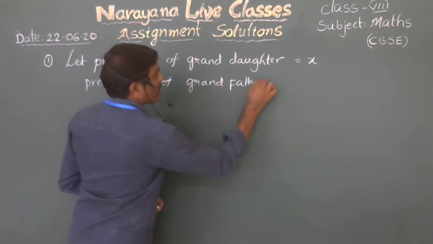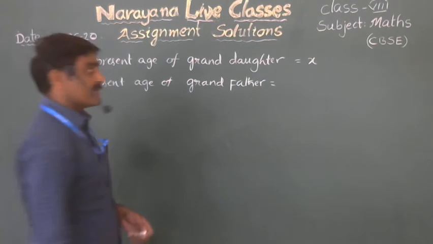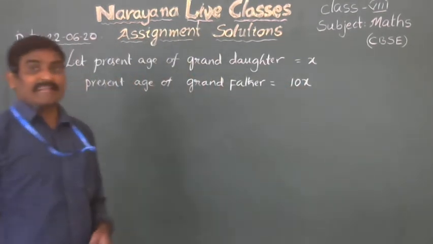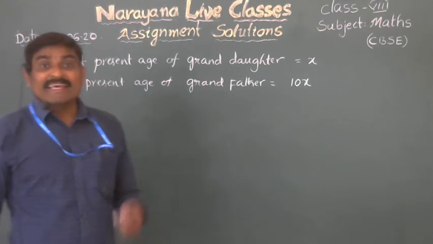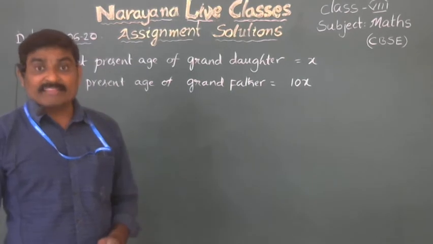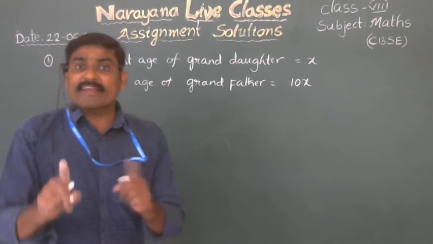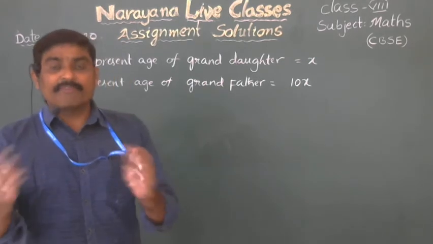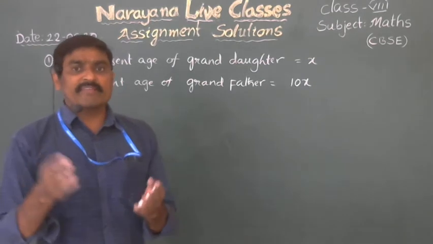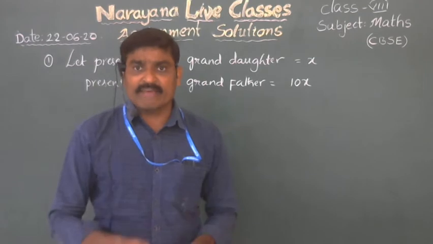Present age of grandfather is, according to the problem, 10 times the granddaughter, which means 10x. Now, he is also 54 years older than her. That means the difference between the ages of grandfather and granddaughter is 54 years. The grandfather is older, so the difference means highest value minus least value.